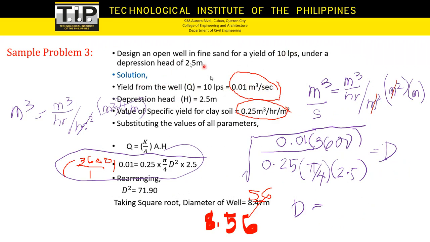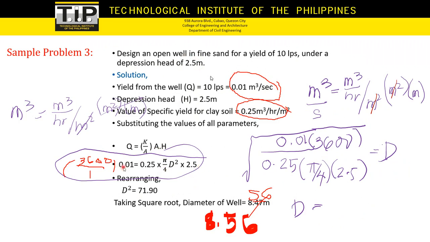Depression head natin given na 2.5. Specific yield for clay soil, yung previous na nakuha, that's 0.25. So substitute natin dito. Q equals K over A area times H. So Q natin is 0.01. K over A is 0.25. Area is simply 5 over 4 D squared. Drawdown is 2.5.